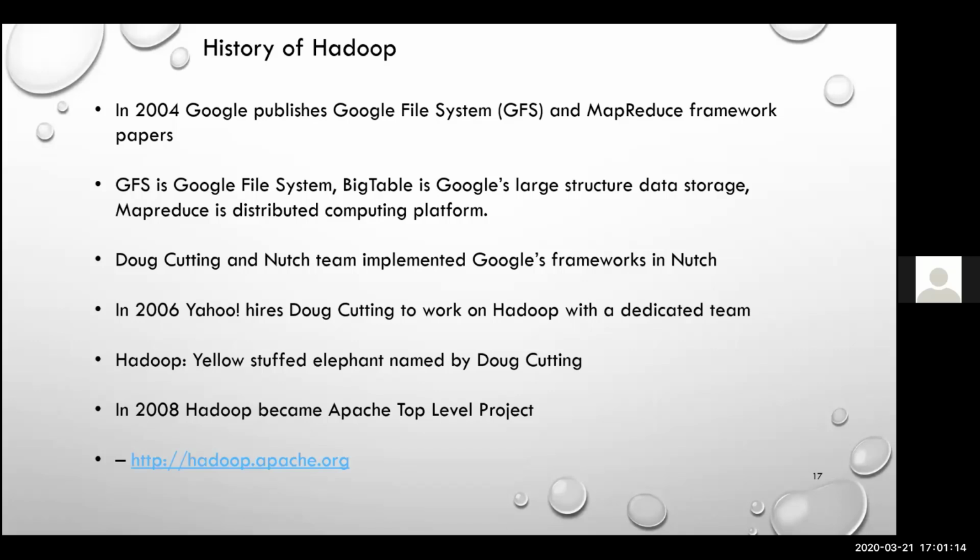And then BigTable is Google's large structured data storage. This BigTable is a structured data storage, but it's built and run on the GFS so that it can process large amounts of data.